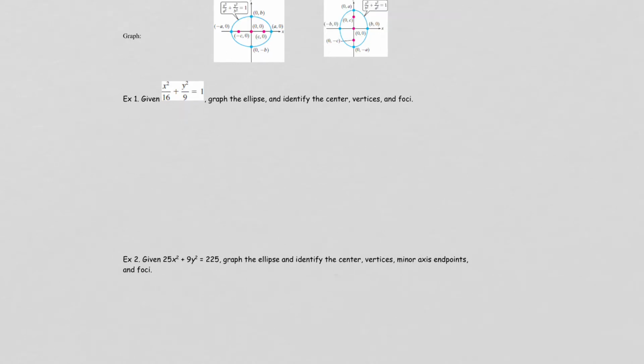So let's look at example 1. We have x squared over 16 plus y squared over 9 equals 1. If you want to rewrite this in square form, 16 is equal to 4 squared, 9 is 3 squared. So your a value is 4, b value is 3.